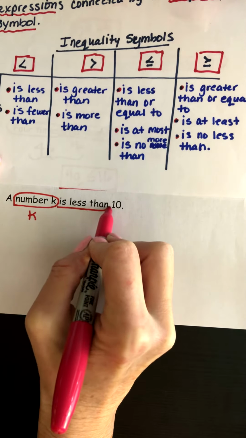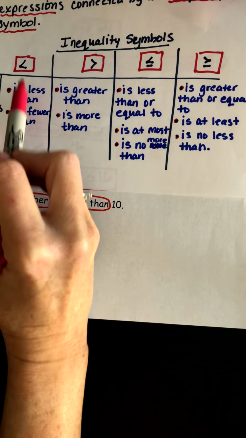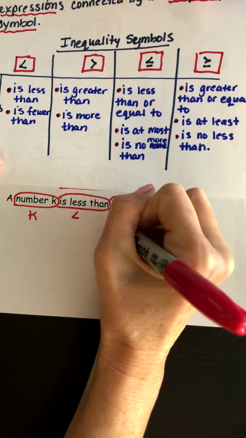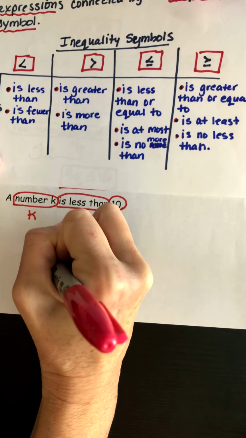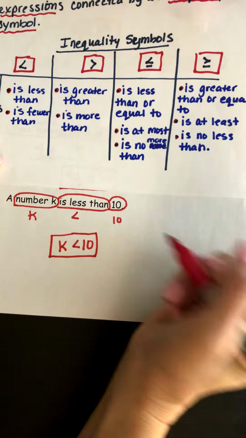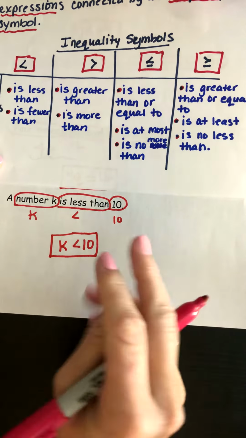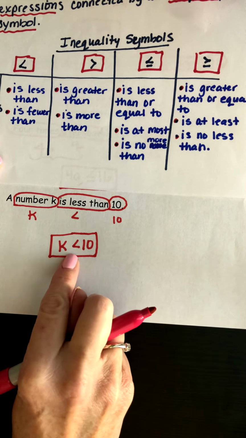Here it says is less than, so we're going to use the less than symbol, and then we have 10. So k is less than 10. These are examples of writing a math sentence comparing expressions, with two sides, using the inequality symbol.